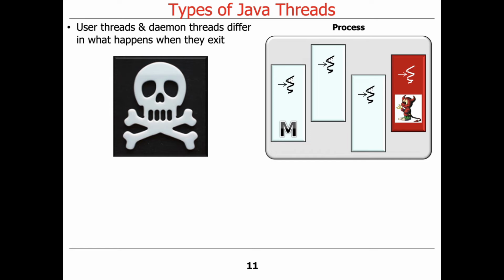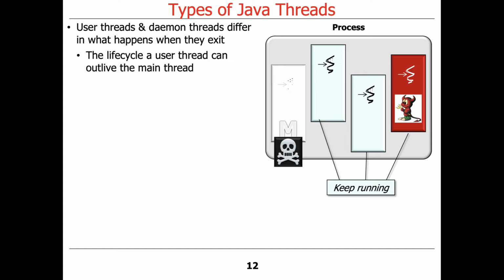User threads and daemon threads differ in what happens when they exit. So let's assume, for sake of argument, we have a process with 4 threads. We have a main thread, which is a user thread, and 2 other user threads, and then we have a daemon thread, which I put a little daemon in there. The life cycle of a user thread can outlive the life cycle of the main thread.